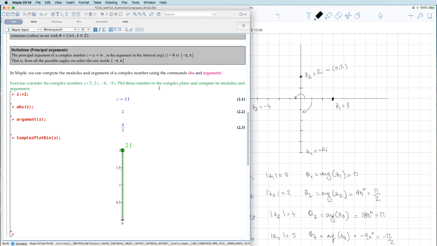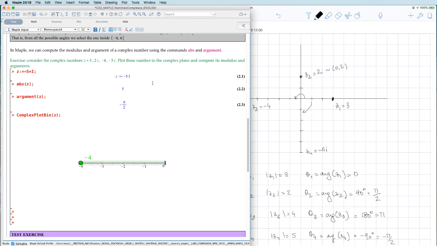If we now put minus 4, what we get is 4, pi, and this is the plot. And if we do minus 5 times I, we got a distance 5 and an argument of minus pi over 2. Okay, so any point, any complex number can be defined using its modulus and its argument.